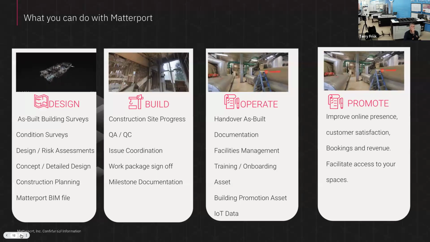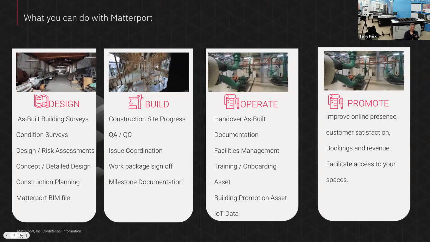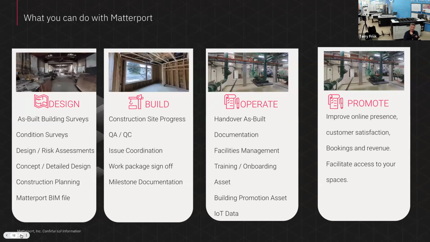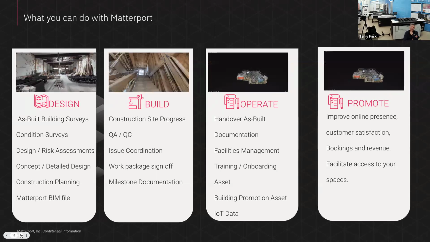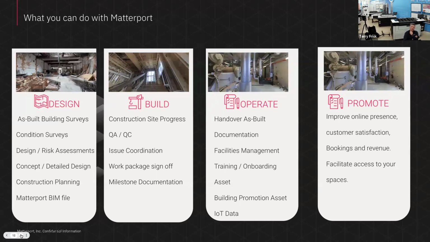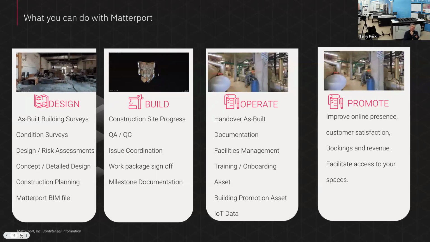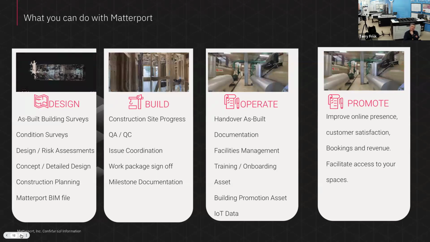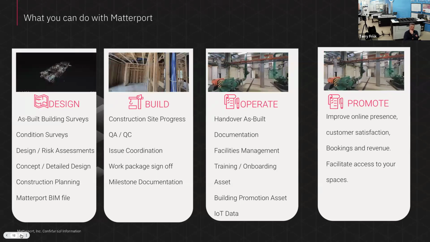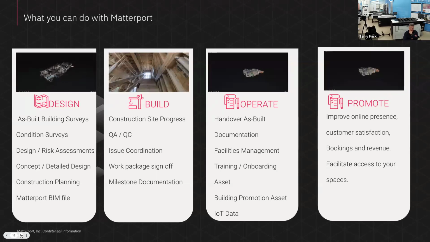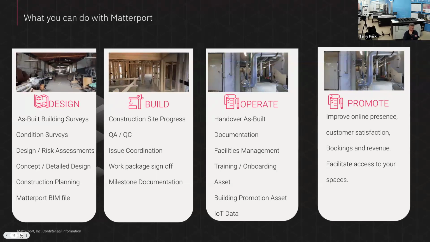And finally, this is really where Matterport started. It is a bit of our bread and butter, to promote the space. When you're able to showcase the spaces online, your customers are able to see it without having to come to the location. It doesn't mean that the customer won't come to the space, but people now are changing.